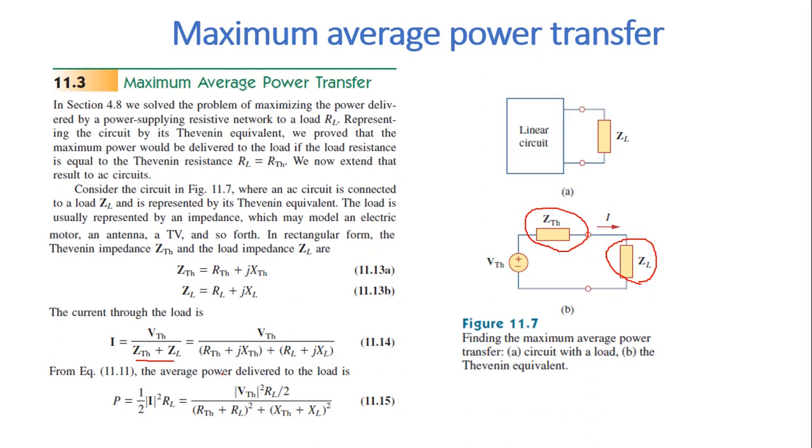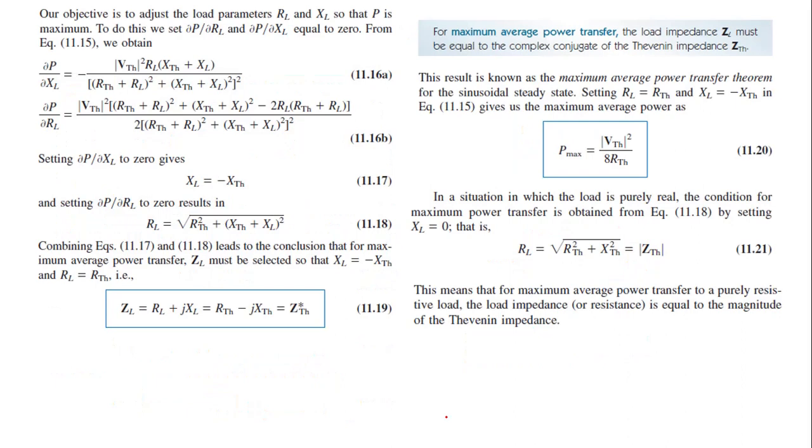Now the average power delivered to the load is given by the formula which we derived in the previous section. Power is equal to half magnitude of I squared into RL. Here you should note that this is the current I flowing in the circuit. Substituting the value of current gives the average power delivered to the load.